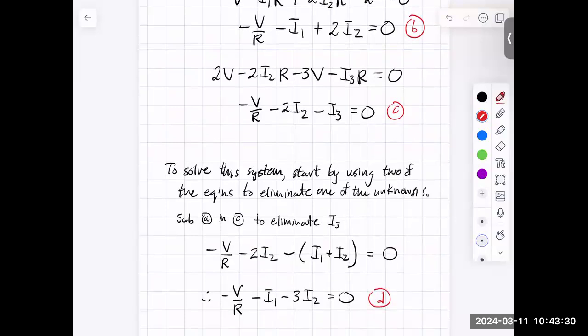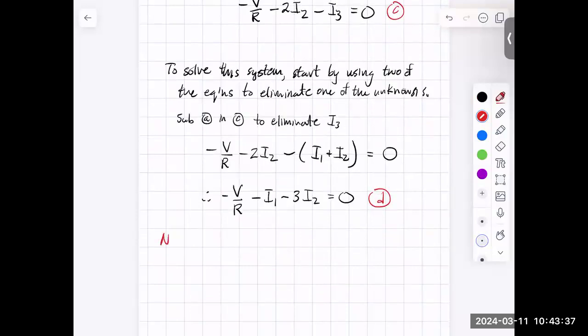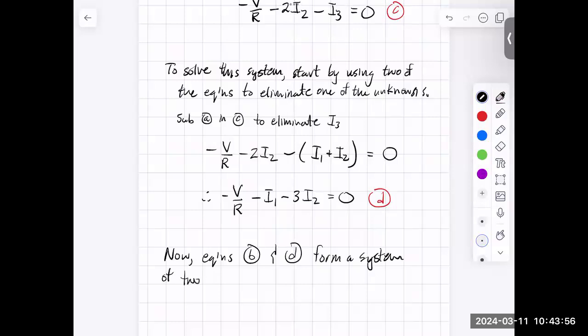So now equations B and D form a system of 2 equations and 2 unknowns. So we've definitely made some progress.